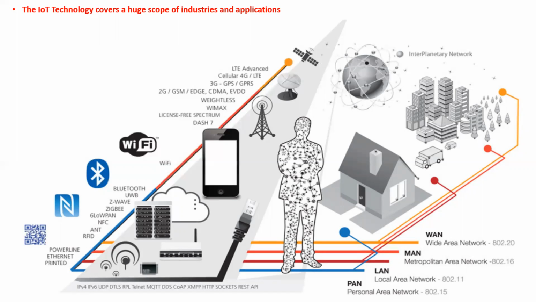Certain protocols have to be used, like IPv4, IPv6, UDP, DTLS, RPL, and Telnet. To exchange data, we require communication to send data to the device and get data from the device, and the data transmitted on the network can be understood only using these protocols.